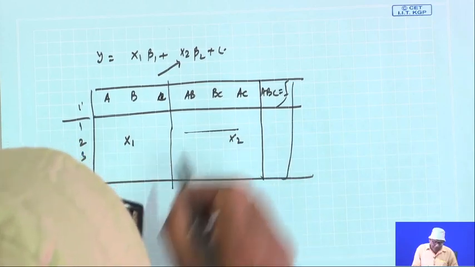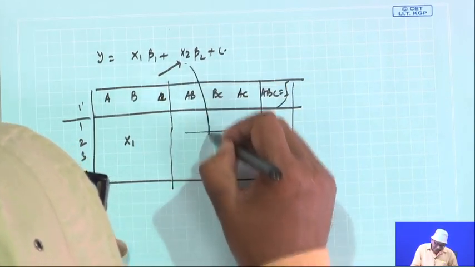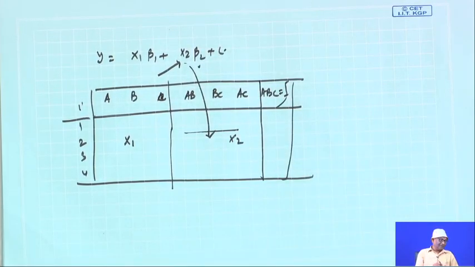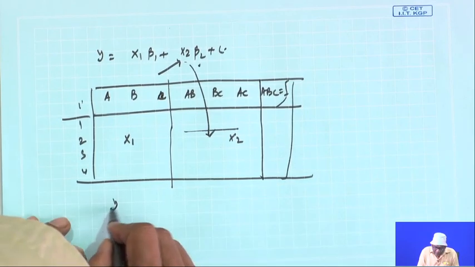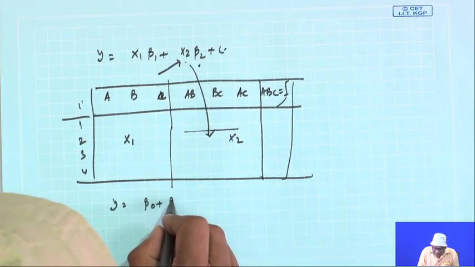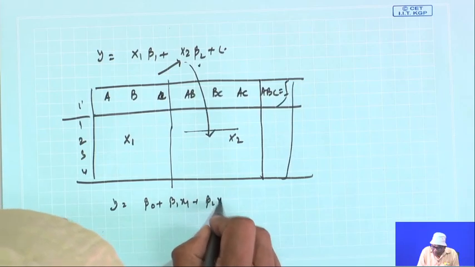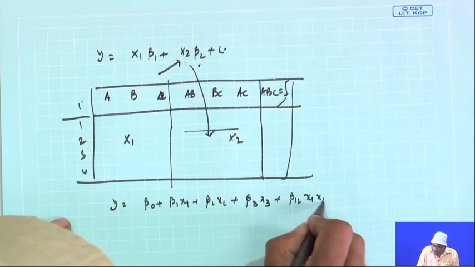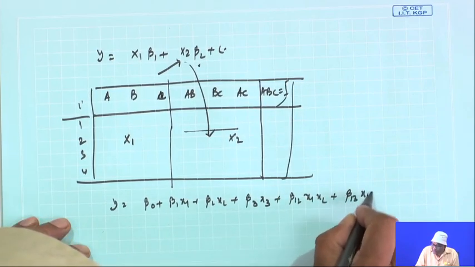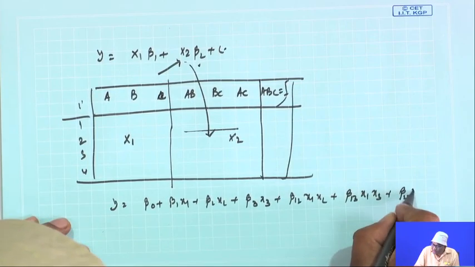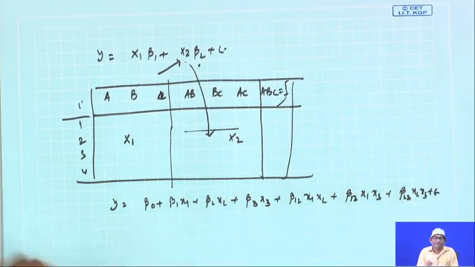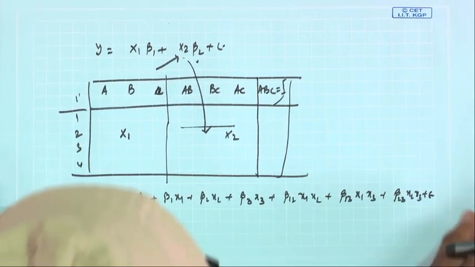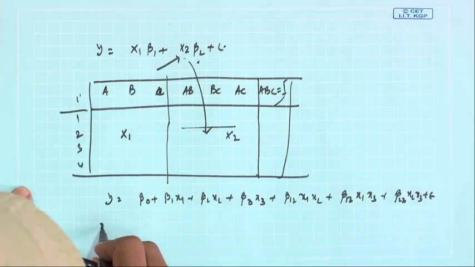So, now if the true model is where x2 is the design matrix and beta 2 is all the interaction parameters, then our y is beta 0 plus beta 1 x1, beta 2 x2, beta 3 x3, beta 12 x1 x2, beta 13 x1 x3 plus beta 23 x2 x3 plus epsilon. Suppose this is our full model. Under such a situation, what will happen to beta 2?